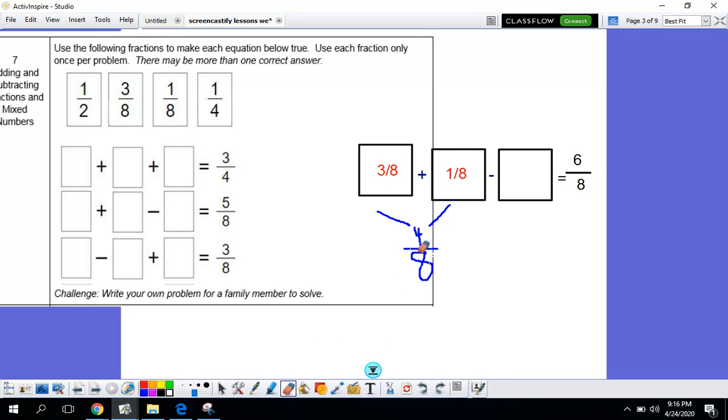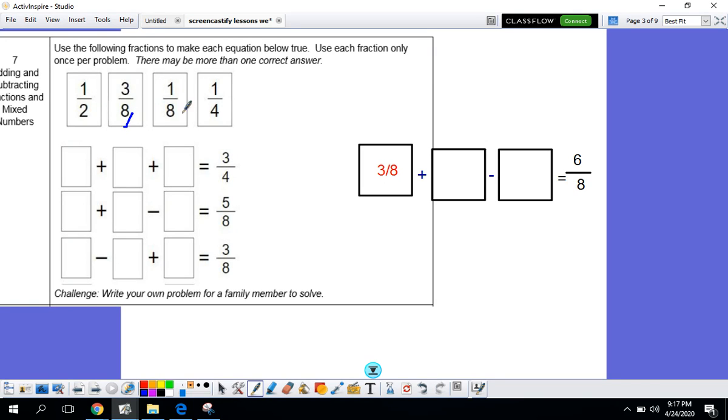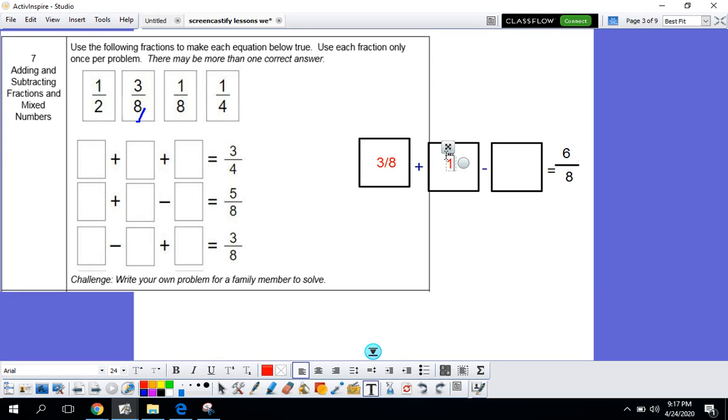So again, I'm guessing and checking and realizing that those 2 fractions don't work. Maybe I'll keep the 3/8 and get rid of this 1/8 and try a different one. I've used the 3/8. I know that the 1/8 won't work in the second box, so let me try 1/2. Now I notice that my denominators are different, and that means I need to get them into a common denominator.